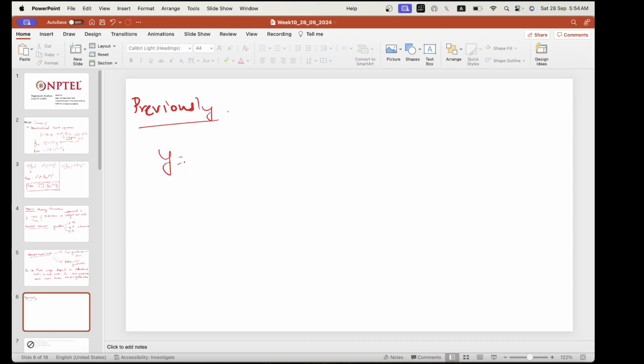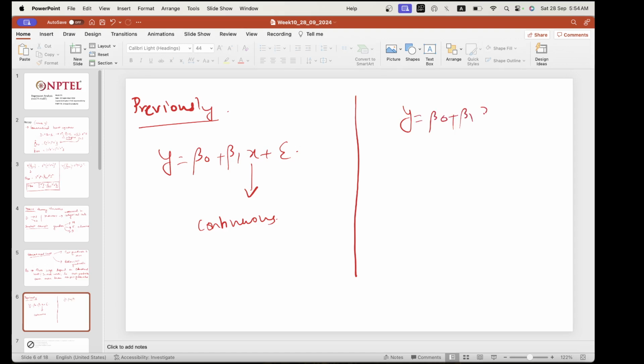we had y equal to beta naught plus beta 1 x plus epsilon. Now this x used to be continuous, but now we don't have that. So now this x is actually categorical.